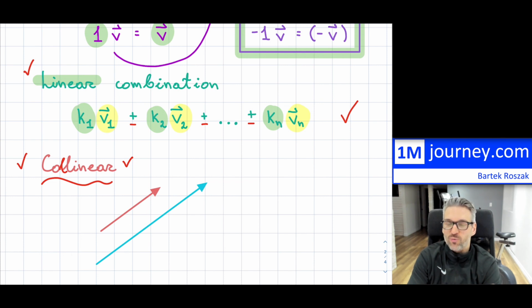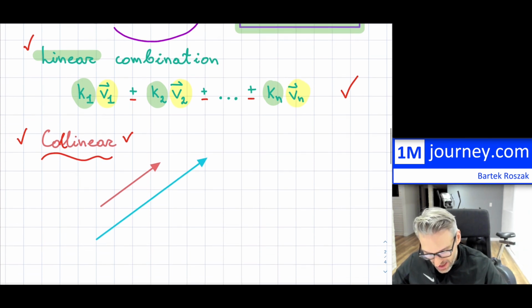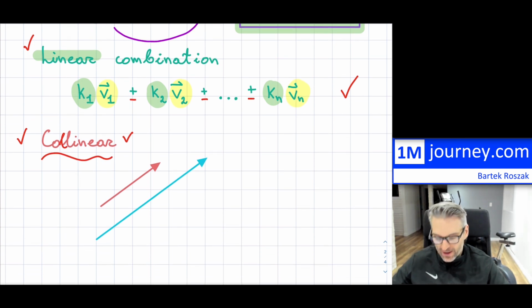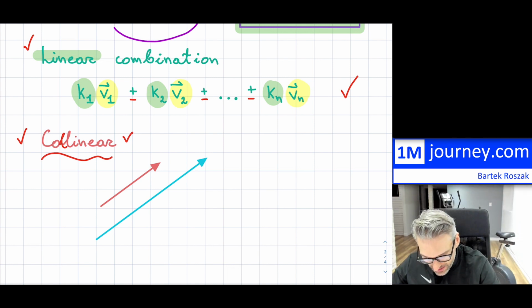But the word collinear means that if you have 2 vectors and you take them tail to tail, where this is the tail and this is the head of the vector, so if you drop them on top of each other, they're parallel to each other, so the direction is the same.